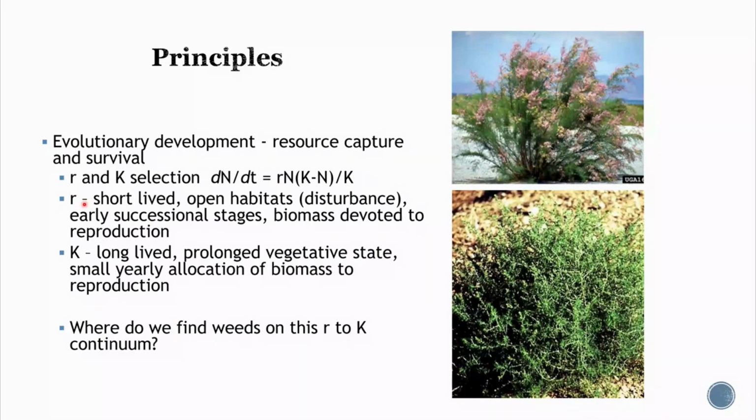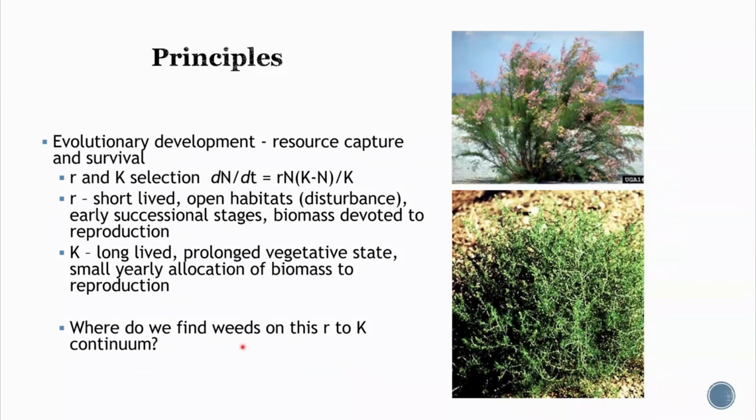They're early successional species, and then the Ks are longer lived, and they have a longer vegetative state, and those can be divided into ones that are competitive and also stress tolerant. Something like salt cedar would be a stress tolerant species that can handle high salt and actually exudes salt. And a good example of an r strategy is Russian thistle.